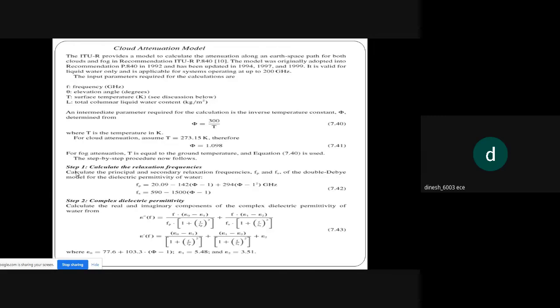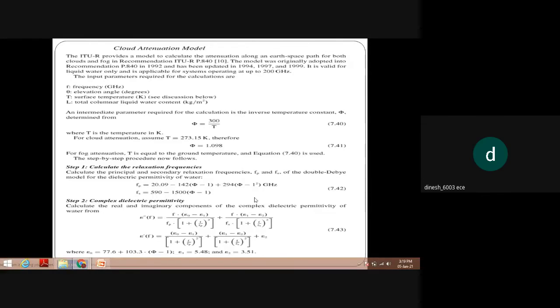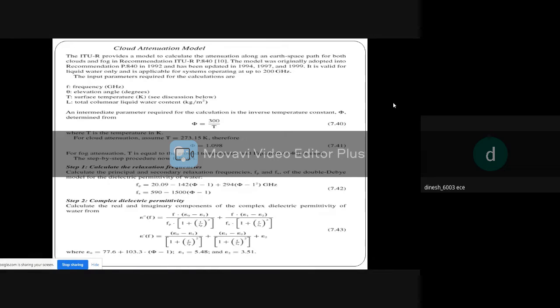The necessary parameters are frequency, in gigahertz, elevation angle, measured in degrees, surface temperature, measured in Kelvin, and the total columnar liquid water content, measured in kilogram per meter square.